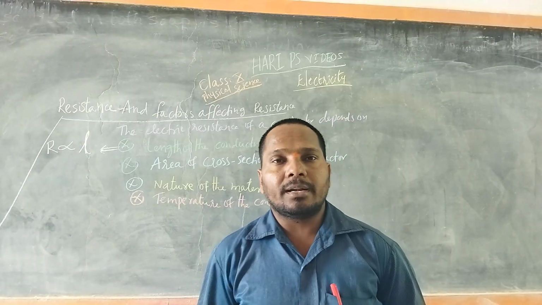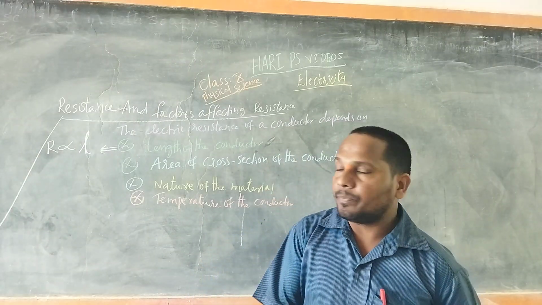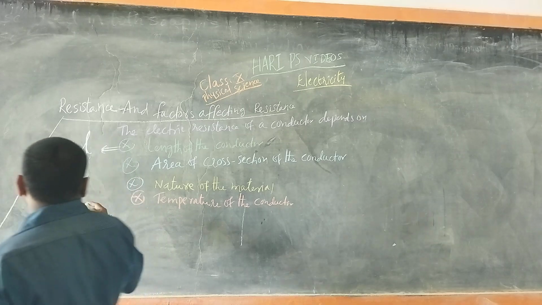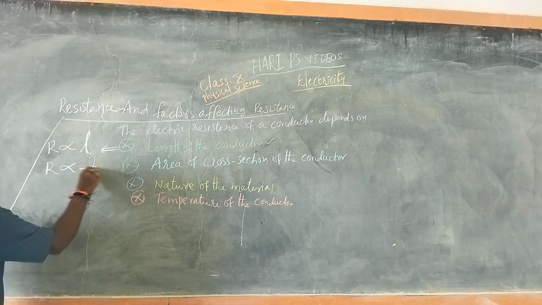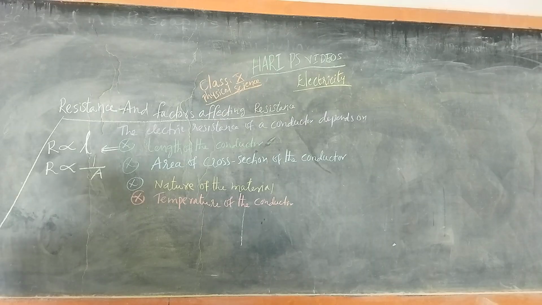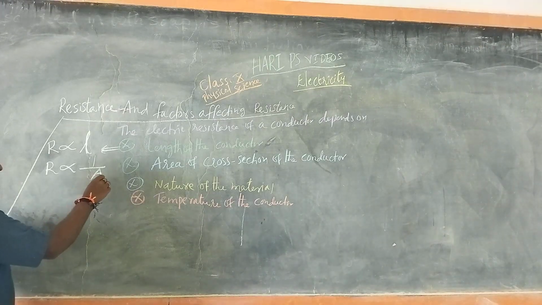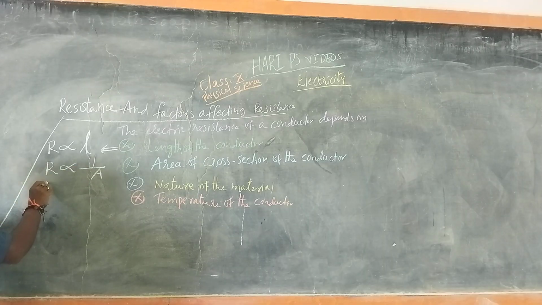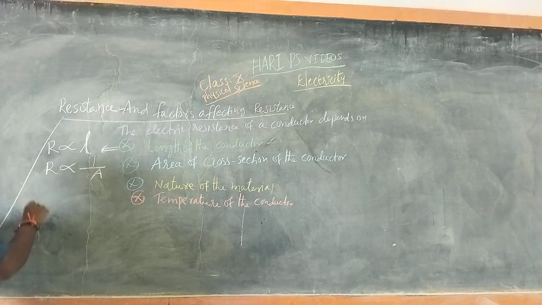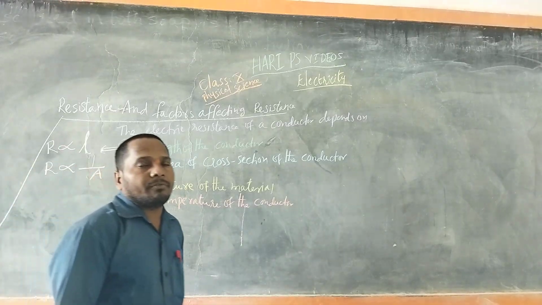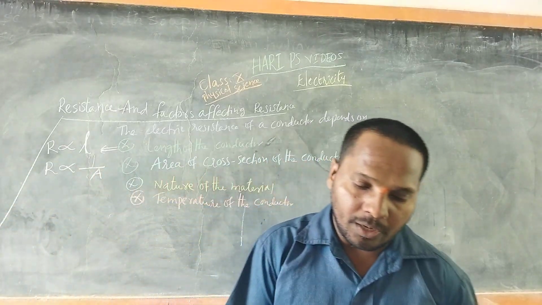The resistance of a conductor is inversely proportional to 1 by A, the area of cross section. If the area of cross section is more, then the resistance is less. If the area of cross section is less, then the resistance is more, because of inverse proportionality.